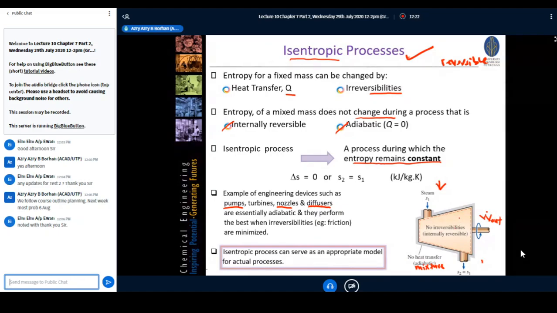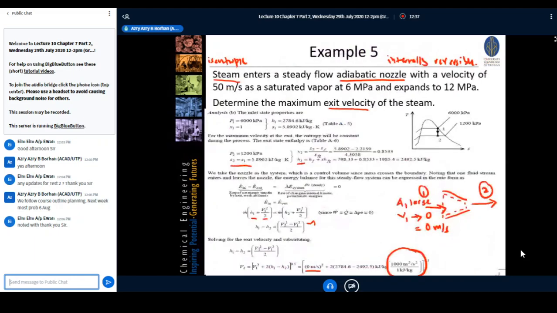When you have an isentropic process, the entropy value at the inlet must be equal to the entropy value at the outlet. We already took into account example 5, showing how we can solve the problem if you have an isentropic process.